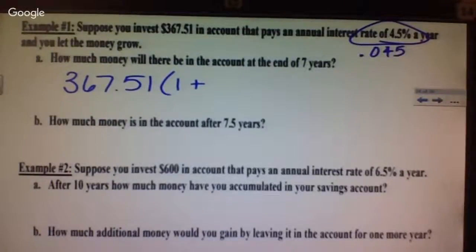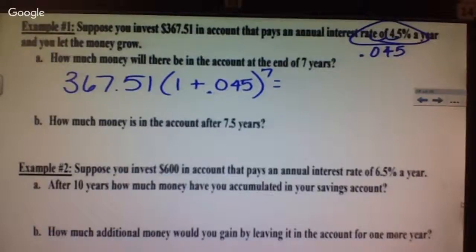Remember, it's just a matter of taking your decimal and moving it 2 spaces to the left. When you have that blank spot, you fill it in with a 0. And then all I need to do then is tell me, how many years do I want this to happen for? Well, I want this to happen for 7 years. So you raise it to the 7. Plug it in. Get an answer.